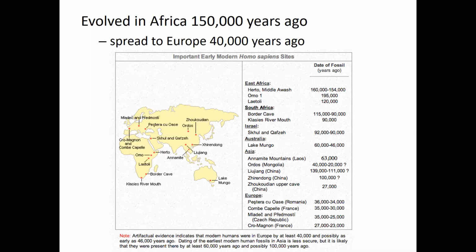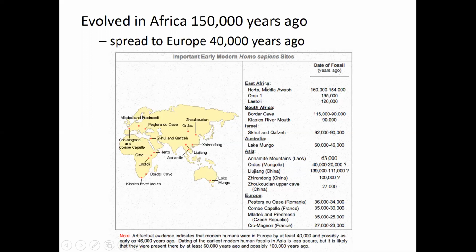So it suggests that some modern humans migrated out of Africa into Europe around 100,000 years ago, but that line of modern humans went extinct. And then a second wave came out of Africa about 40,000 years ago that was actually able to take hold and survive to modern time.